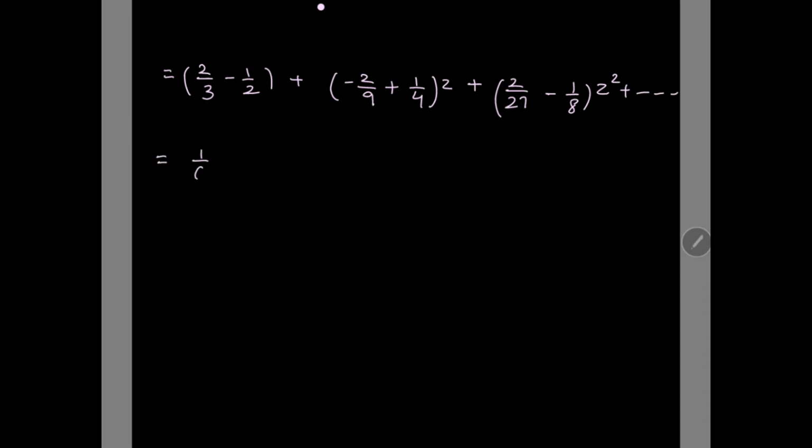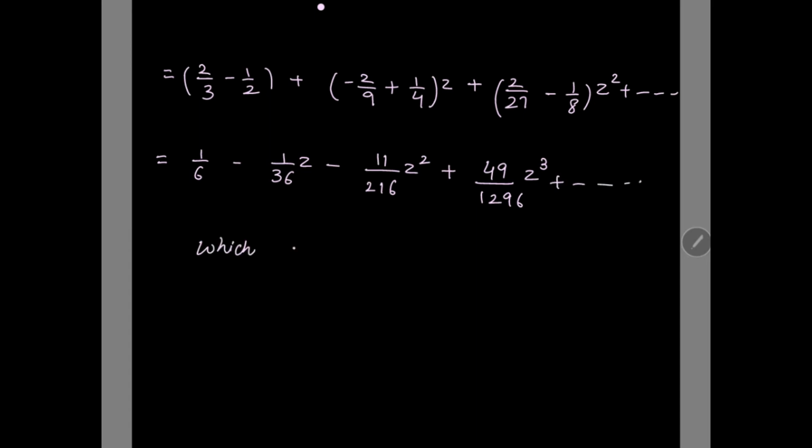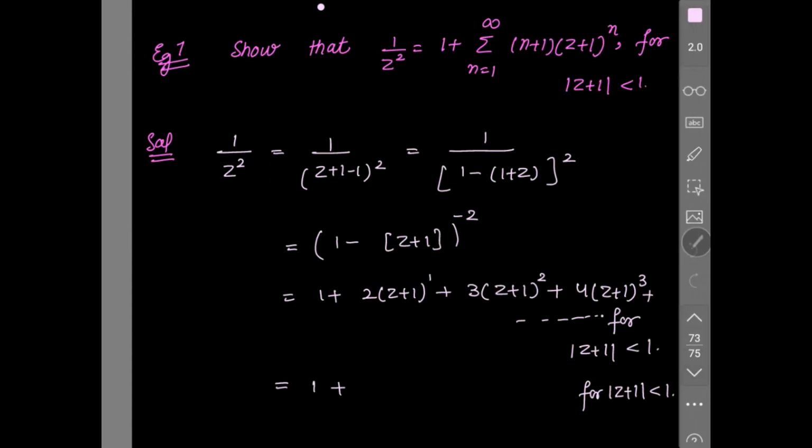Finally 1 by 6 minus 1 by 36 z minus 11 over 216 z square plus 49 over 1296 z cube, and so on, which is valid for mod of z less than 2. Fine? Okay.